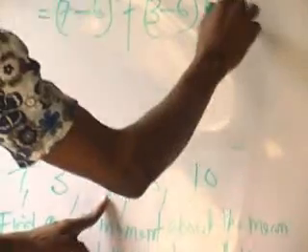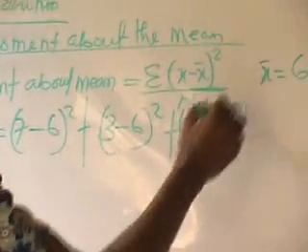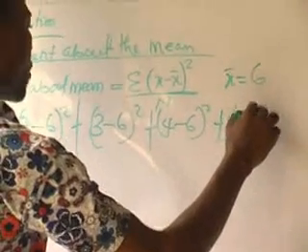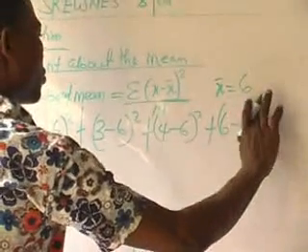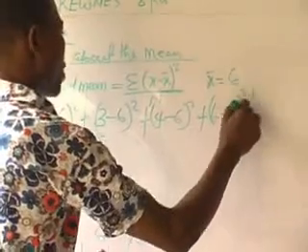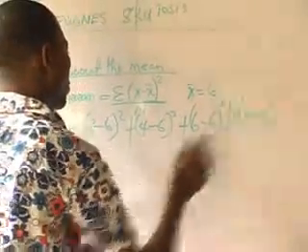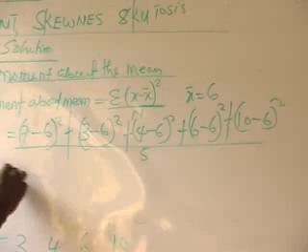Then plus the next one, 4 minus 6, raised to power 2. Then the next one, 6 minus 6, raised to power 2. Then plus the next one, 10 minus 6, raised to power 2. And everything all over 5.